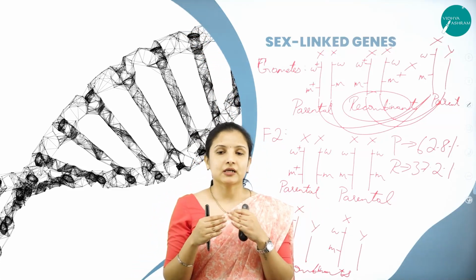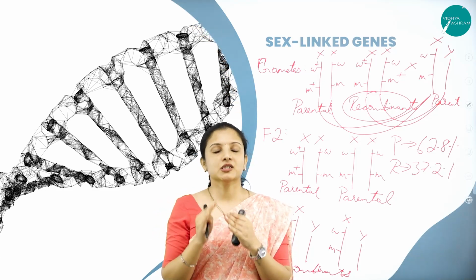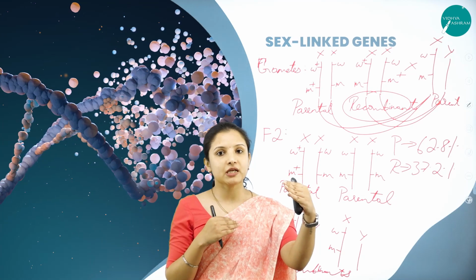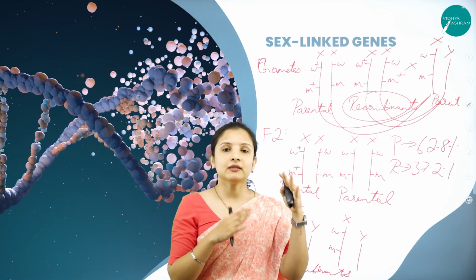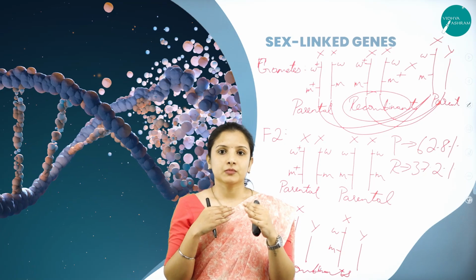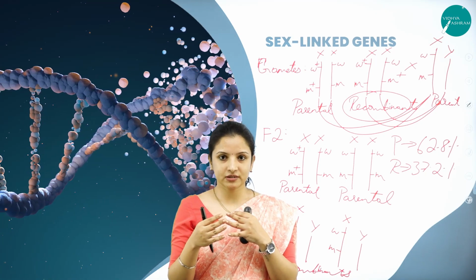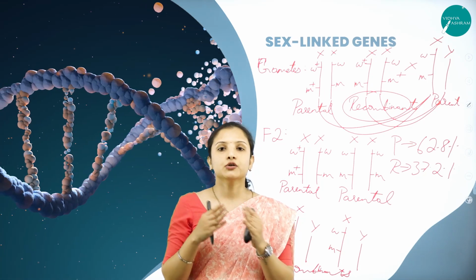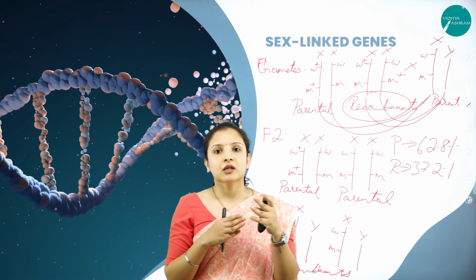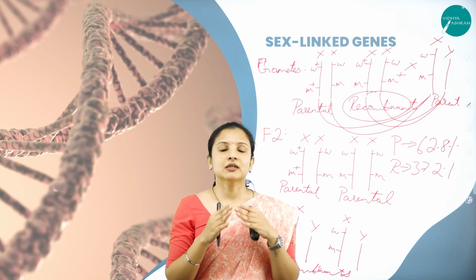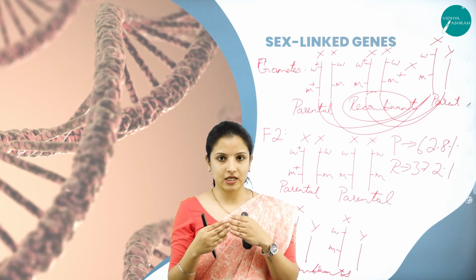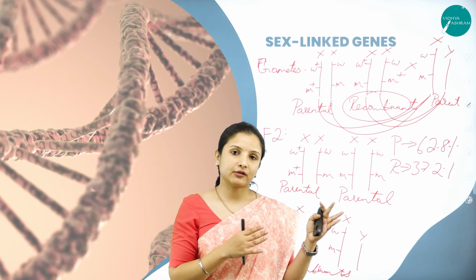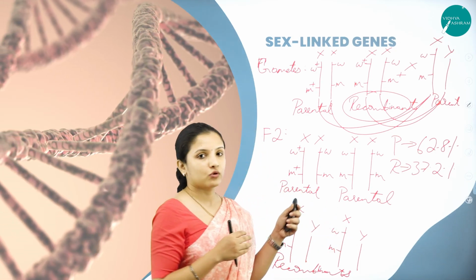But when it comes to recombination, when the genes are present far apart from each other in a chromosome, then crossing over will occur in meiosis, and whenever the genes are carried from the parent to the progeny, they show recombination, that is, they show variation in the nature of the gene when compared to that of the parent. So that is what Morgan found.